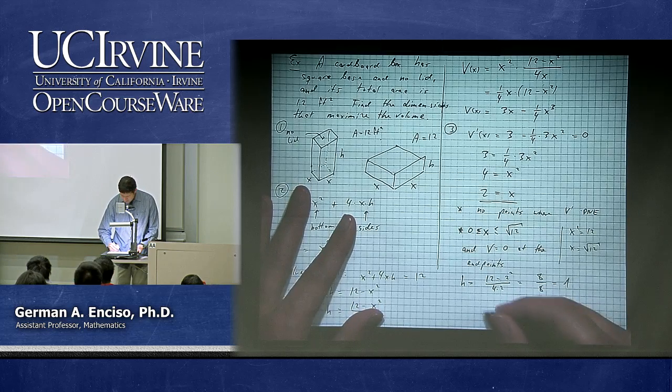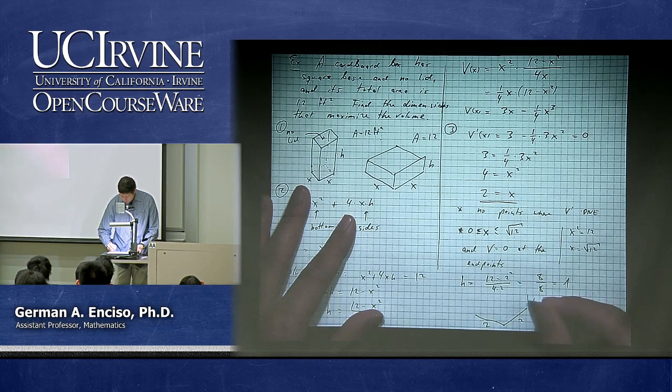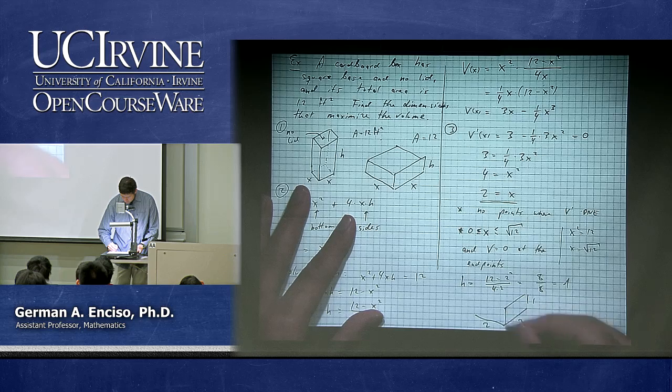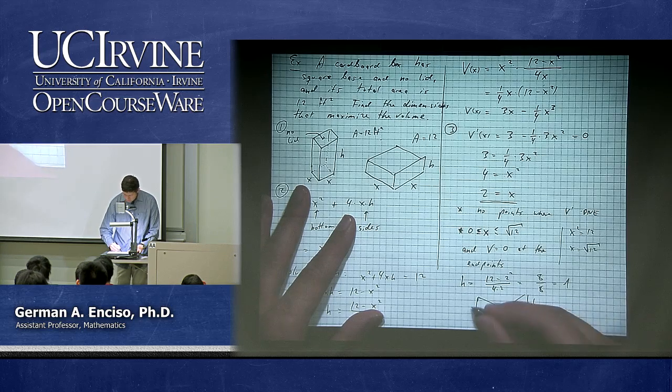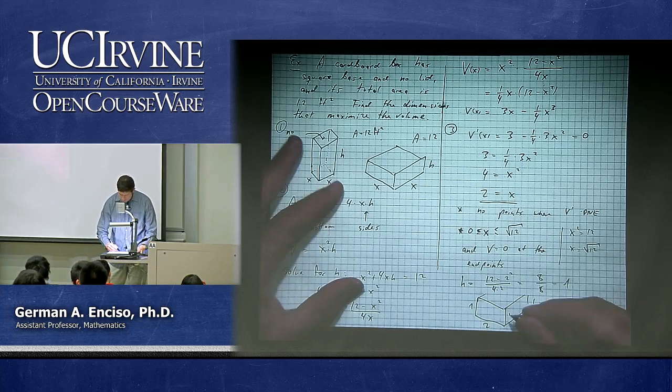So that means that our box looks like this: 2, 2, 1. That's the optimal box.